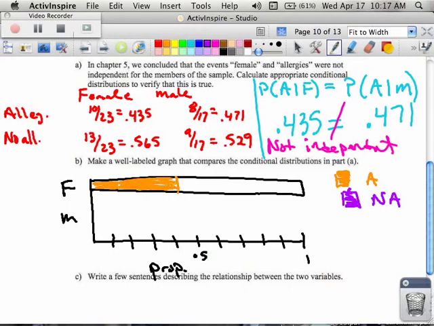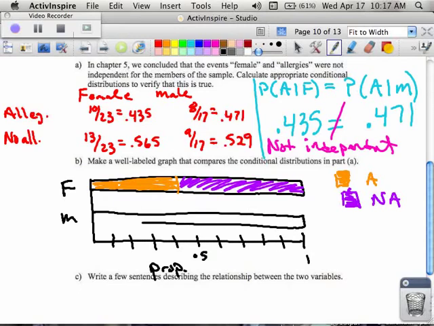And then the no allergies, of course, would be the rest. We can do the same thing for the males. This is just a visual of what's going on. The male allergies were 47, roughly. And then the no allergies, of course, would be the remainder. And that's all they're looking for there.